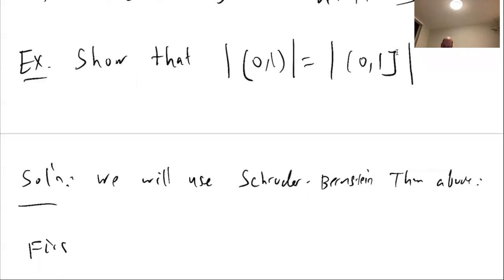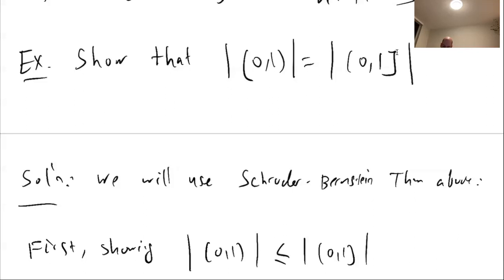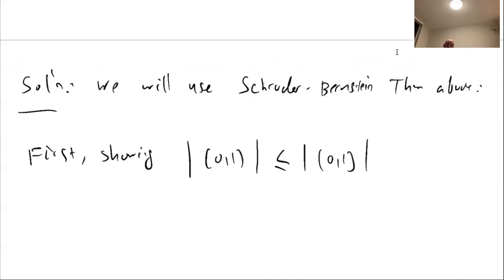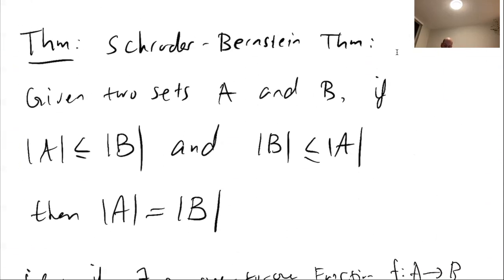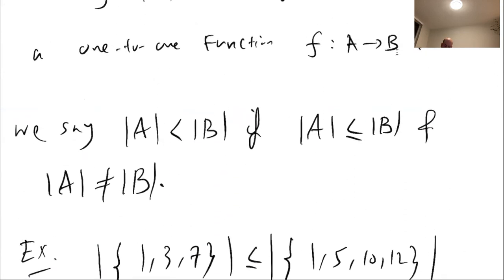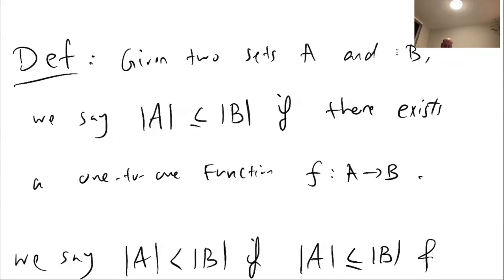So first, showing that the cardinality of open 0 to 1 is less than or equal to the cardinality of half-open 0 to 1. How can I show this? Remember the definition? One set has less than or equal cardinality to a second set if there exists a one-to-one function from the first set to the second set.